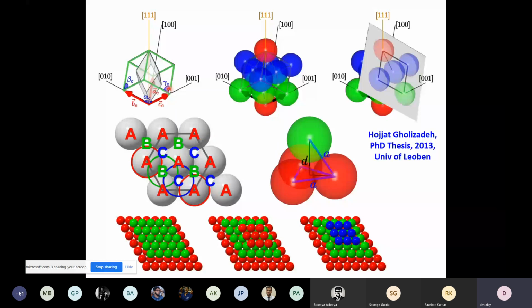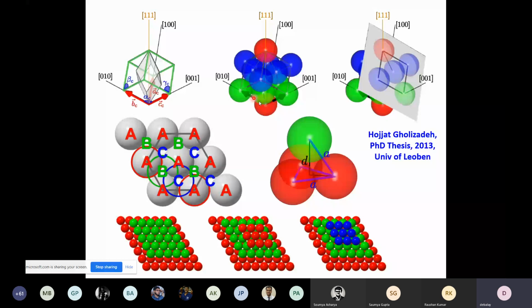So the first is the red layer. If you arrange the red atoms, they form the red layer. On the groove of the red layer, you put B atoms as the green layer. So this is the second layer of 1 1 1. On top of B, there would be two options.